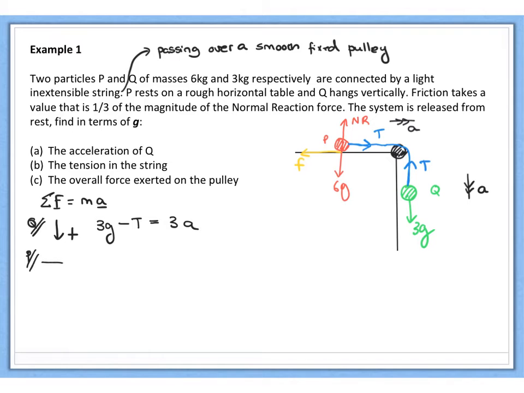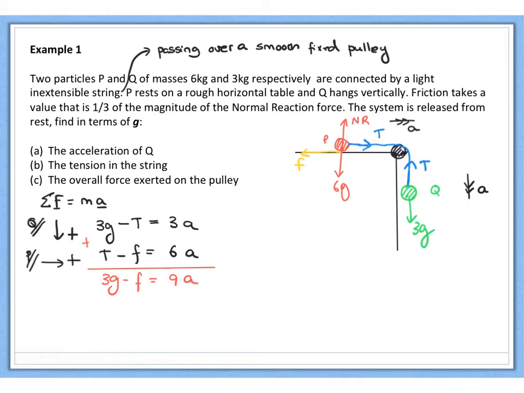Well, P is moving to the right, so we'll take going to the right as positive. So we have T minus the friction equals mass 6 multiplied by the acceleration. Now, how do we then solve this pair of equations? Well, simultaneous equations, we can simply add these equations together, which gives me 3g minus F is equal to 9a.